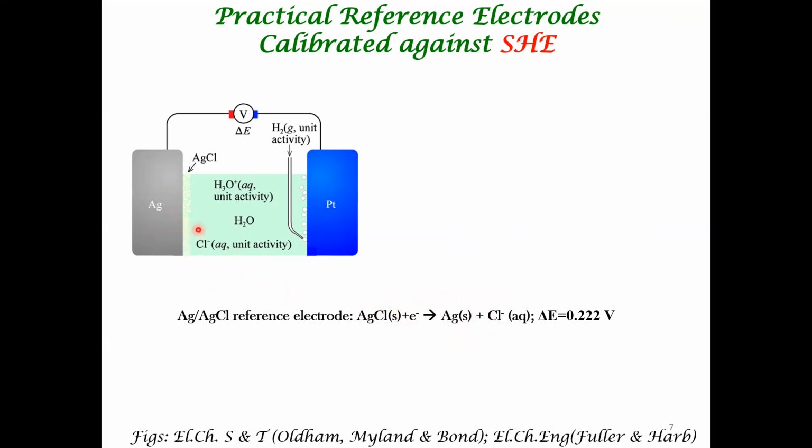So when I use this reference electrode, I have electrons at this chemical potential, and I can measure that energy level against the electrons that are available from a standard hydrogen electrode.